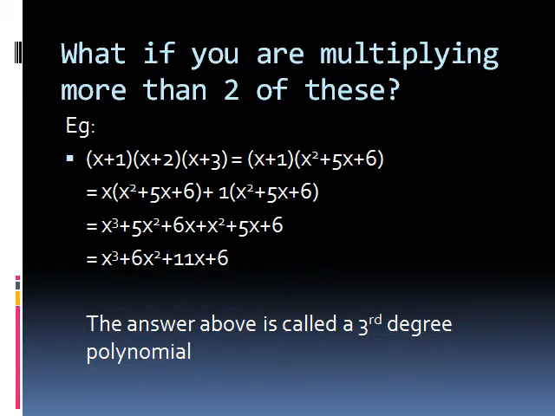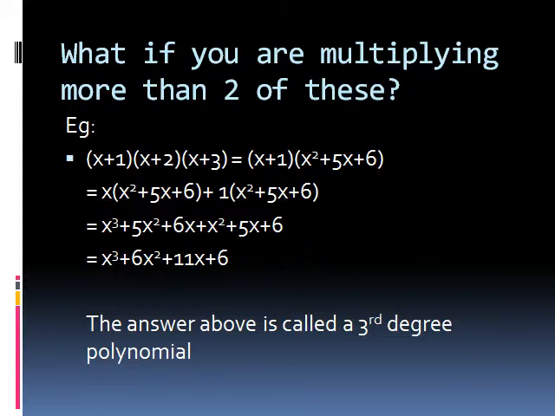Now, what if you are multiplying 3 or more brackets at the same time, as you can see in the example here, where x plus 1 is multiplied with x plus 2 and multiplied with x plus 3?